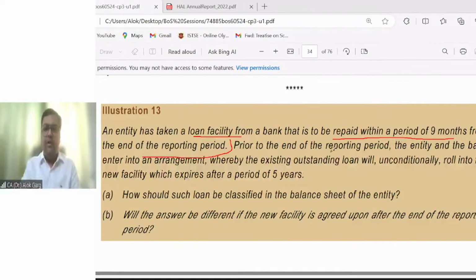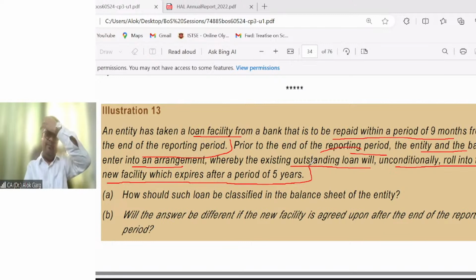Let's go further. Prior to the end of the reporting period, the entity and the bank enter into an arrangement. Before closing, they have entered into an agreement whereby the existing outstanding loan will unconditionally roll into the new facility, which expires after a period of 5 years.